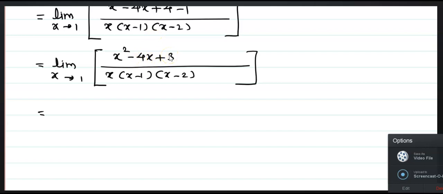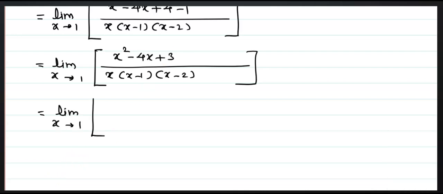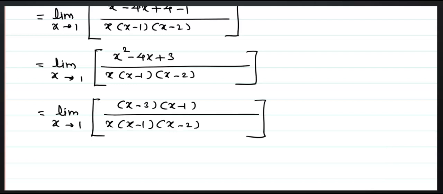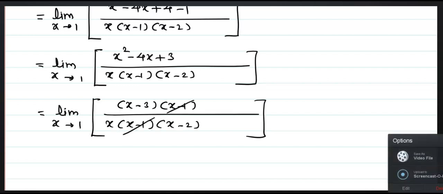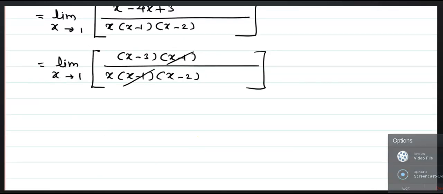In first bracket x minus 1, in second bracket x minus 3. Again x minus 1 gets cancelled from the numerator and the denominator, and then substitute x equals 1. Then you will get 1 minus 3 upon 1 into 1 minus 2, which is minus 1.